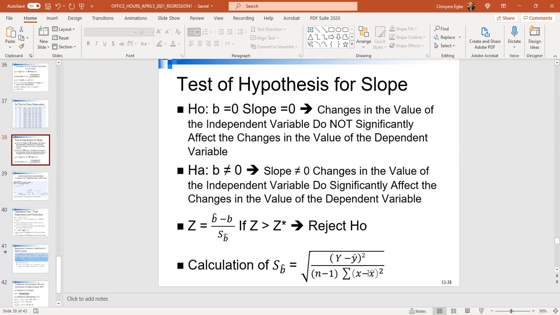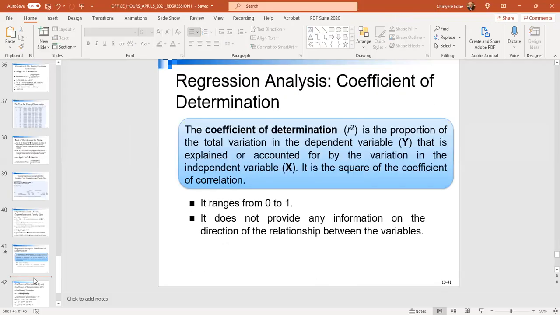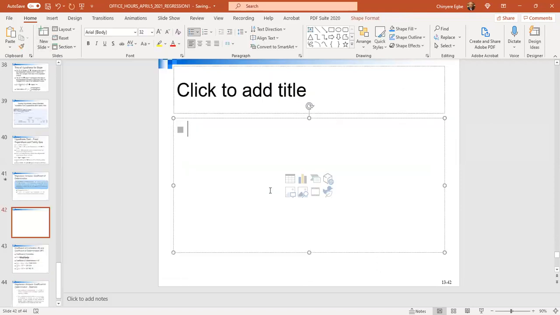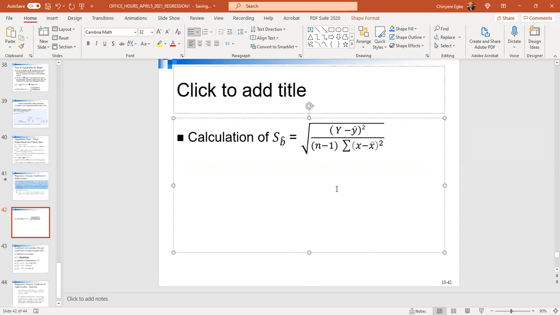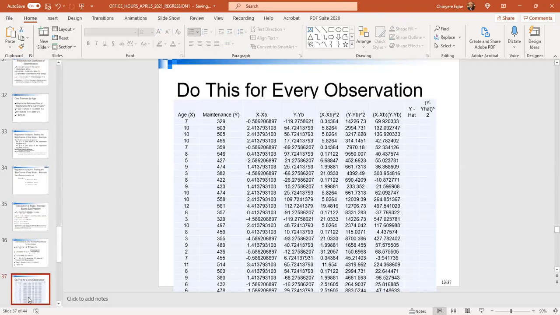So I'm going to take this formula and I'm going to calculate it here. This is the standard error of B. So let's get y minus y hat squared. Let's see if we have it up here. Okay, so we don't have it. I'm going to calculate it, so you can see how it's done.